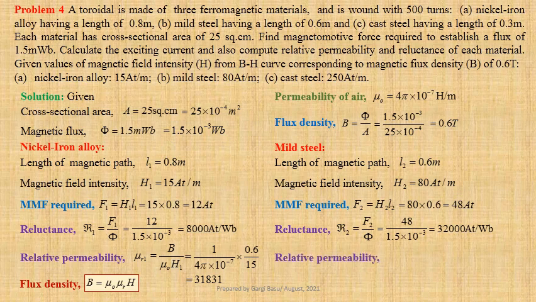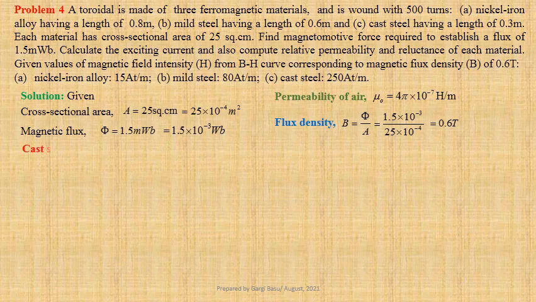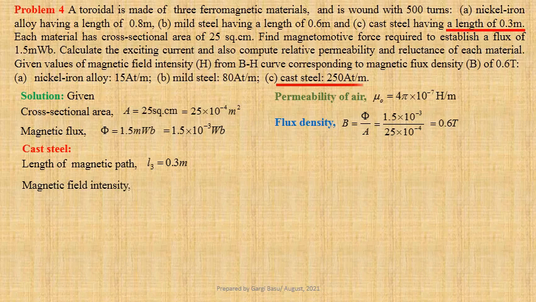Relative permeability mu r2 equals B divided by mu 0 times H2. Using values we get 1 upon 4 pi into 10 to the power minus 7 into 0.6 divided by 80, that gives us 5968.3.